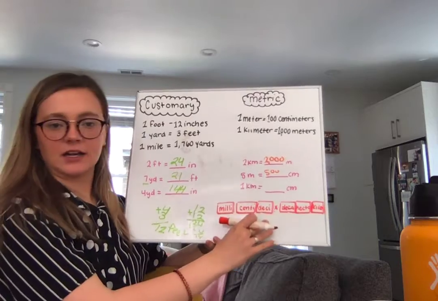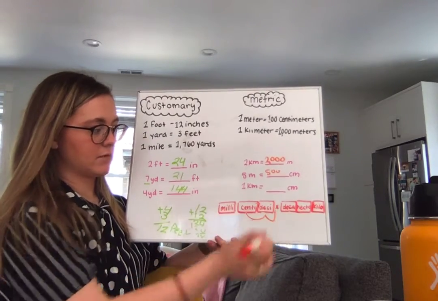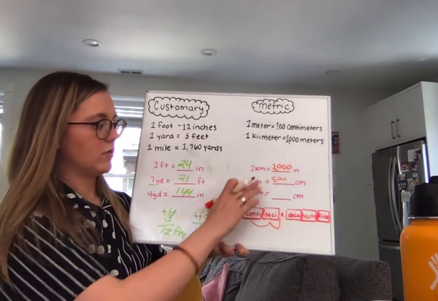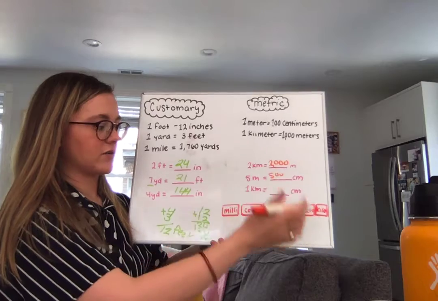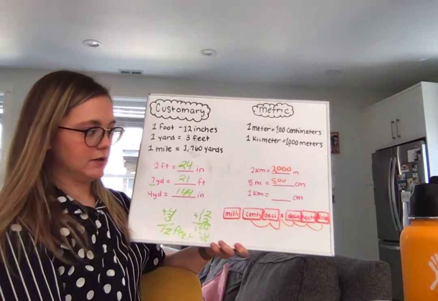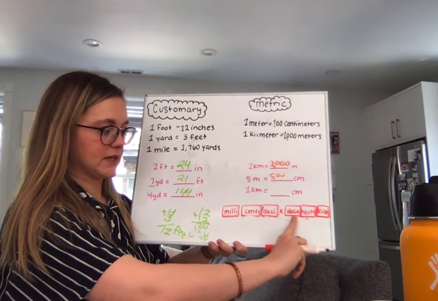And I'm going to do that again on here. Going from meter to centimeter, I would add 2. Or like this last one, when I was going from meter to kilometer, I added 1, 2, 3. So however many scoops you do is how many zeros.